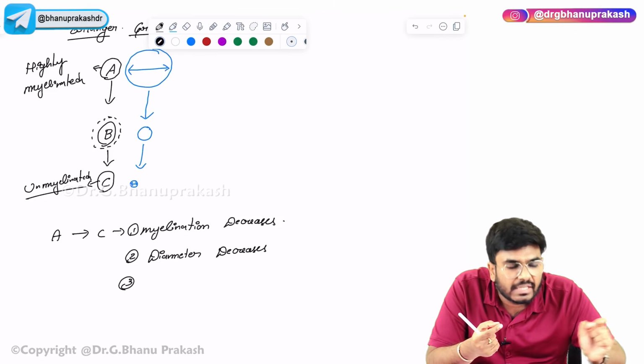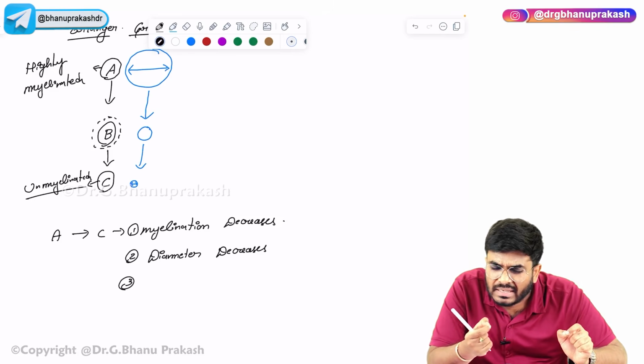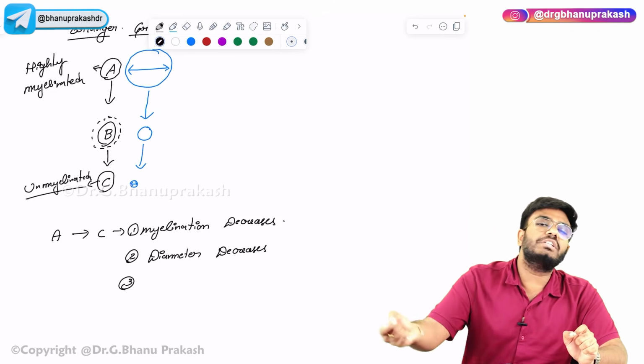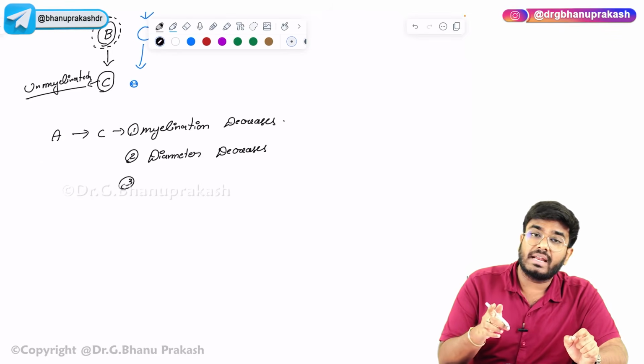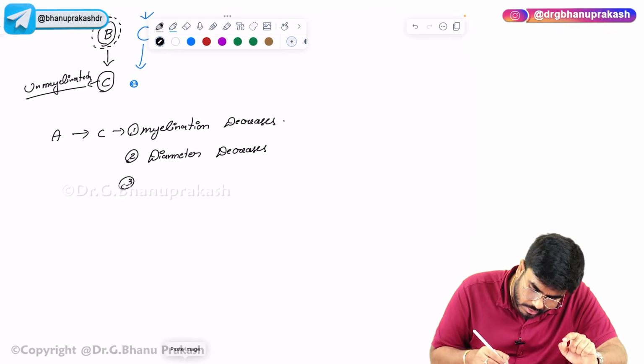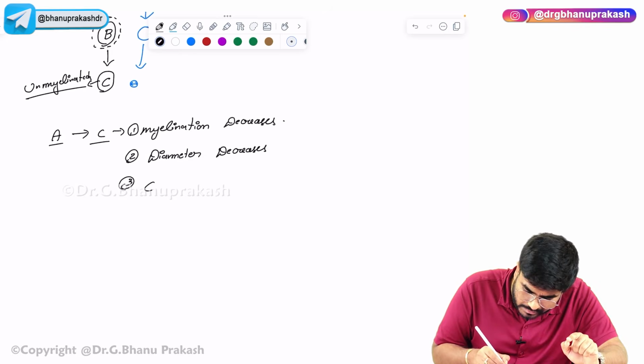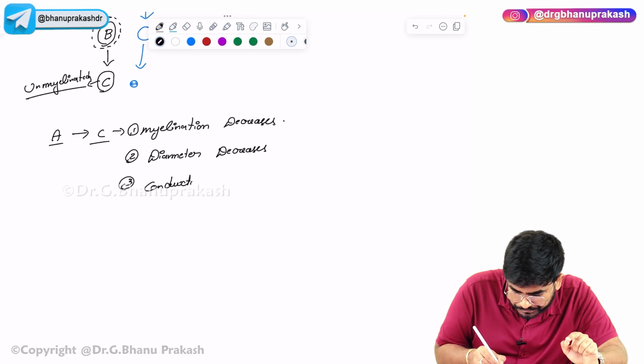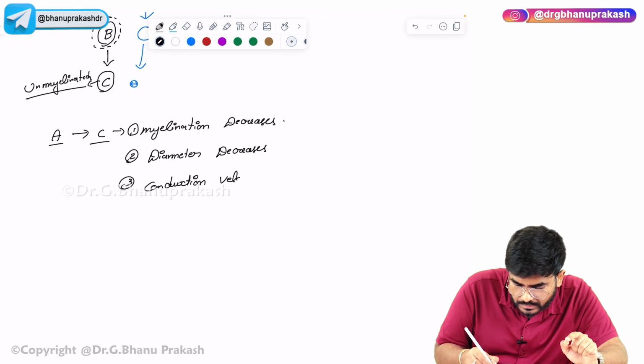So C fibers have the least conduction velocity, and A fibers have more conduction velocity. So going from A to C, conduction velocity decreases.